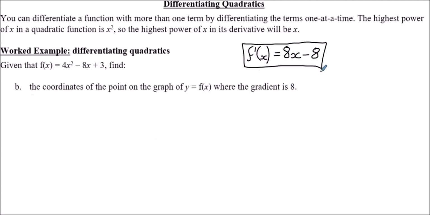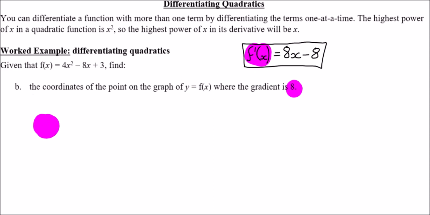Part B, just putting what we had as the original result from part A up here, just to remind us. Let's find the coordinates of a point on the graph where the gradient is 8. And so we need to just set here the gradient of the graph f dashed of x. We've been told we need to find where it's 8.